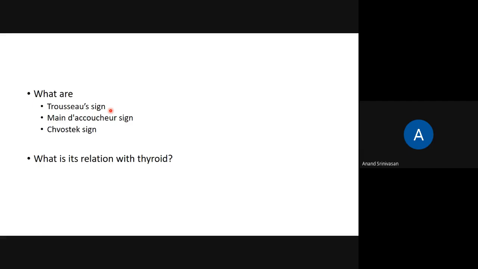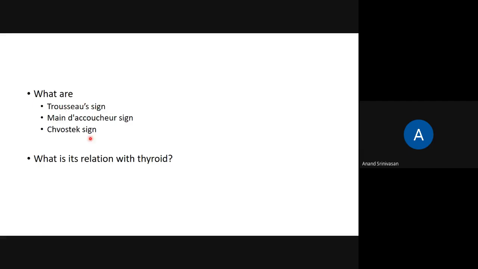It is slightly painful because the blood circulation is affected, so there will be a tingling sensation, which can be painful for some persons. After a certain time, the hand goes into main d'accoucheur position. You know what that is? Flexion at the metacarpophalangeal joints and extension at the interphalangeal joints.